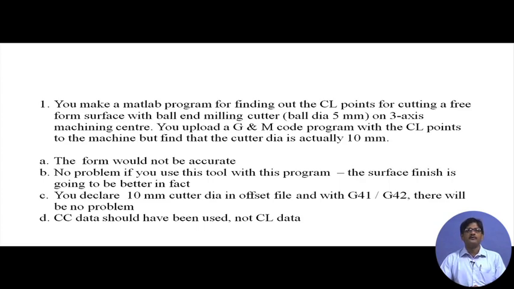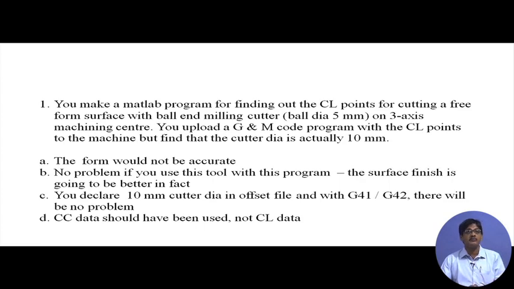No problem if you use this tool with this program, the surface finish is going to be better in fact. See, if you are finding out the cutter location for 5 millimeter diameter and using 10 millimeter diameter instead, naturally the surface which is going to be produced is going to be different. We are not bothered about the surface finish at this moment, we are bothered about the form, and the form will definitely be different, and therefore, B is not correct.